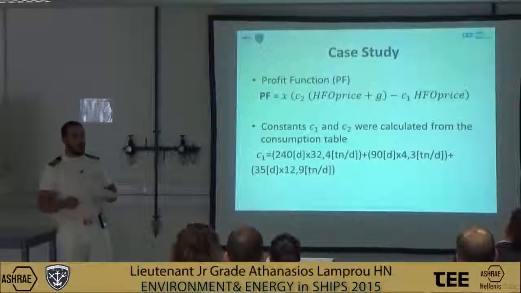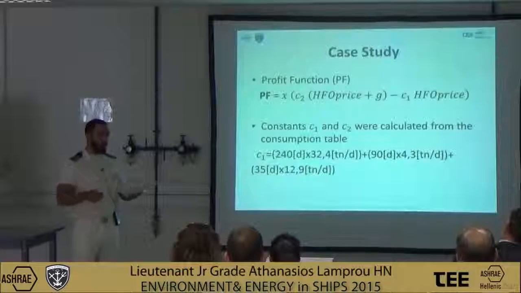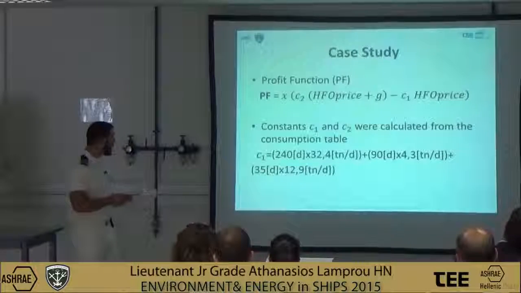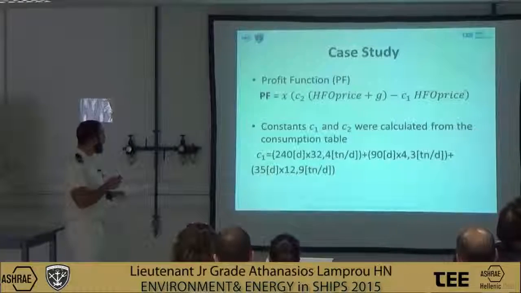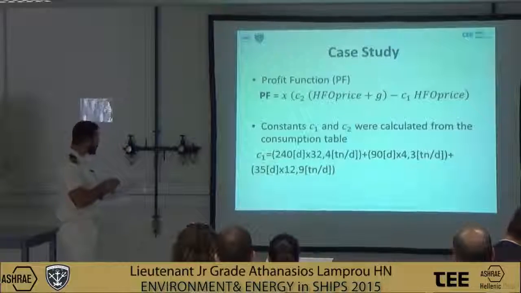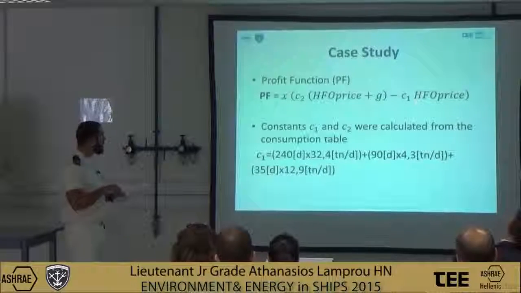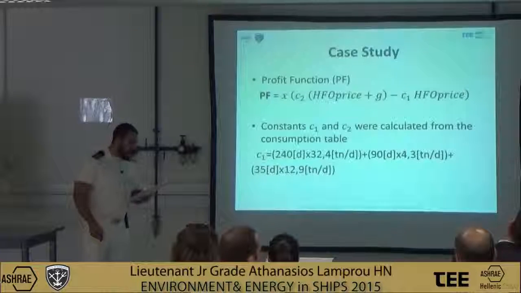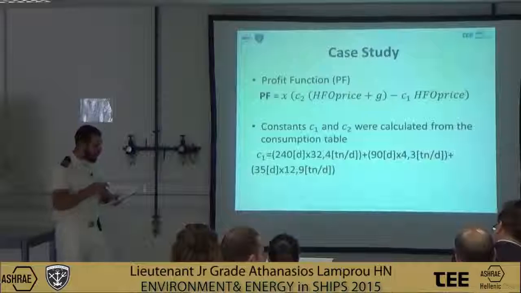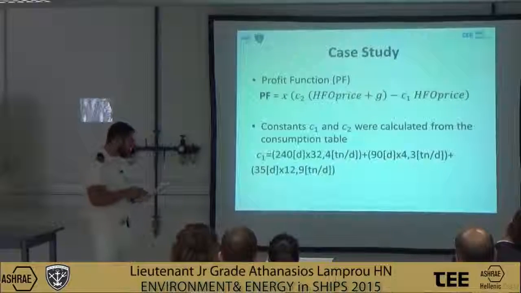Of course, all these prices may not move as expected. Finally, in the profit function there are also two constants, C1 and C2, which were calculated from the consumption table shown in the previous slide.